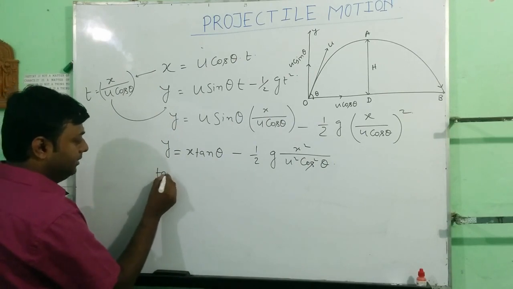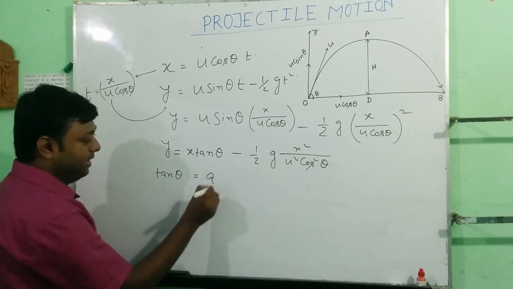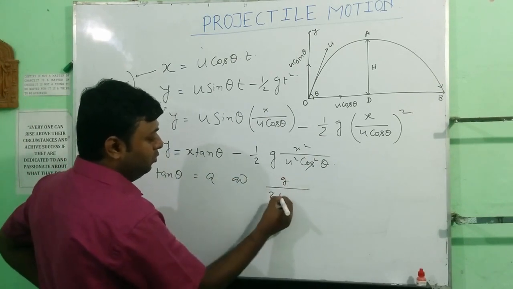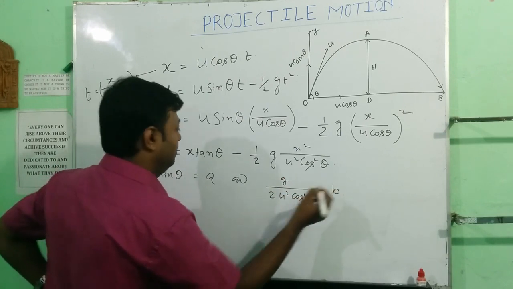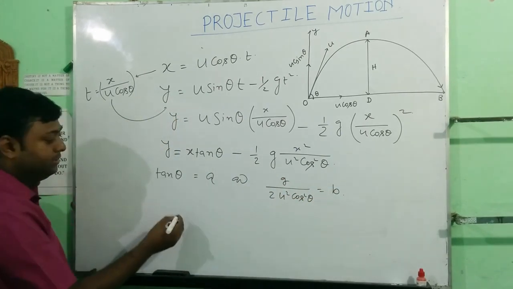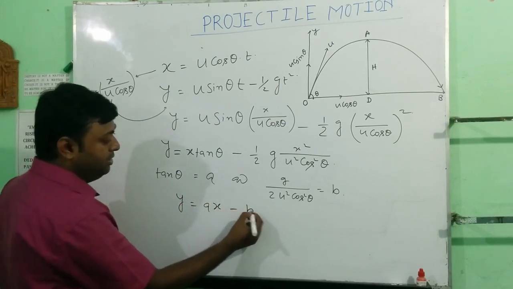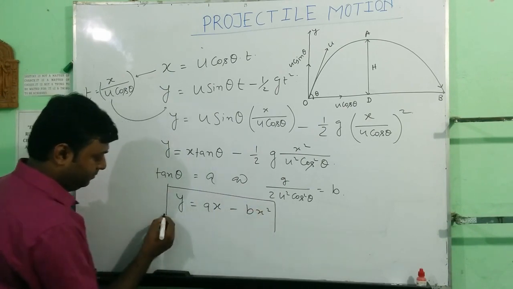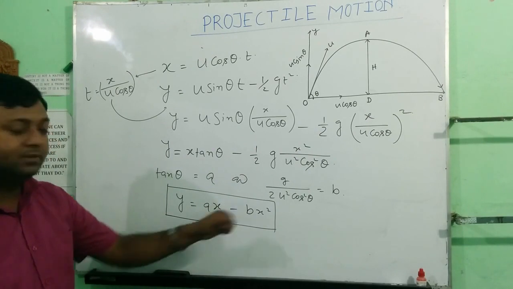Since theta is constant, tan theta is taken as a, and g by 2u square cos square theta is taken as b. Putting in this equation, we get y equals to ax minus bx square.